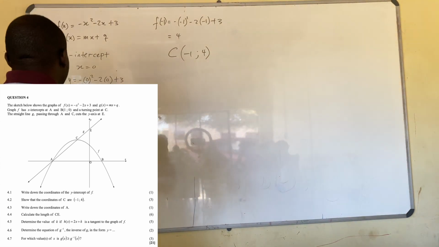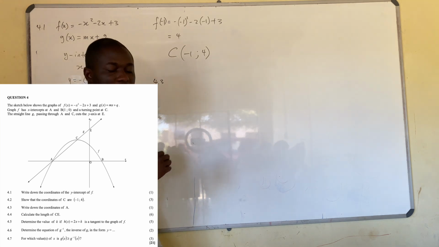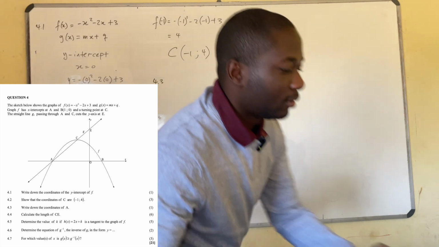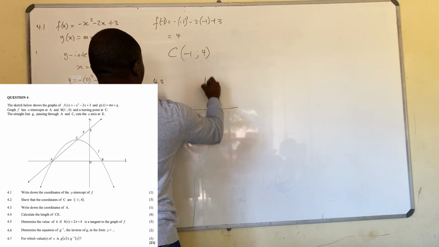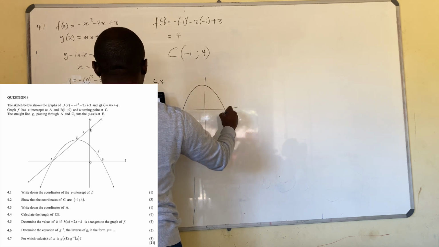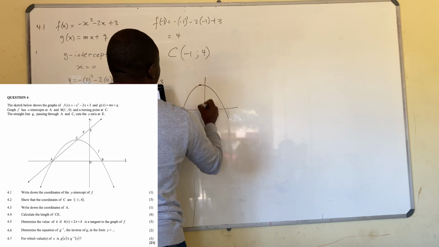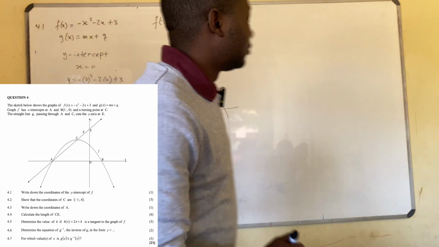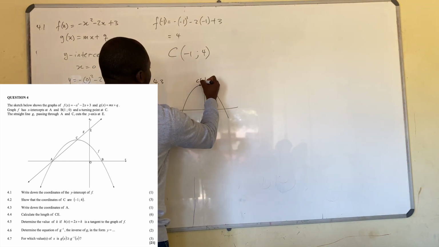So we can use the concept of an axis of symmetry. So I'm just going to sketch what we have here. Let's say this is our C, and we have coordinates of C, that's negative 1, 4.